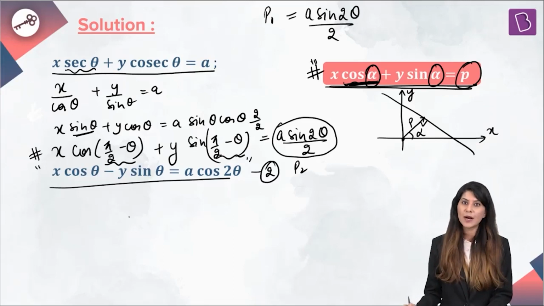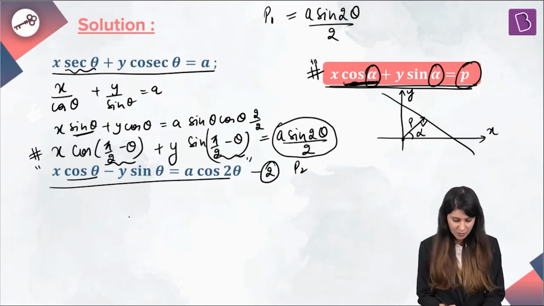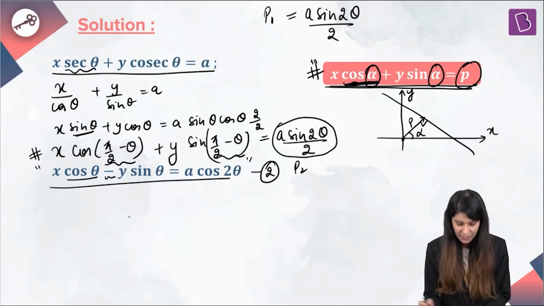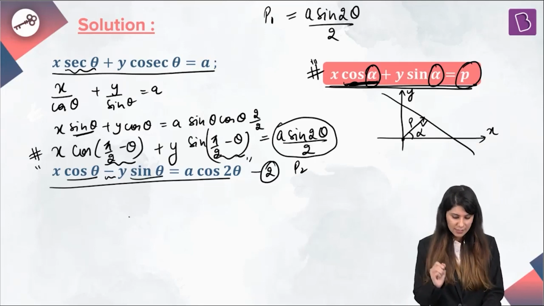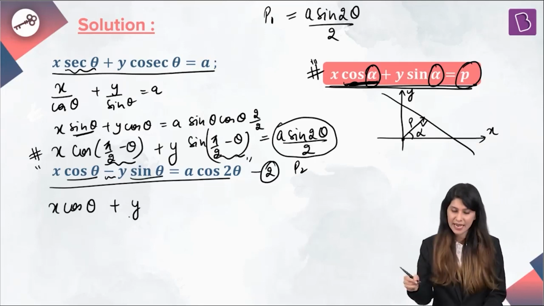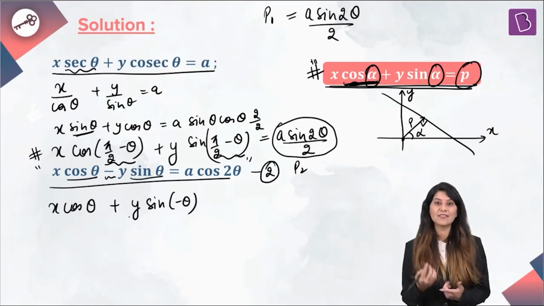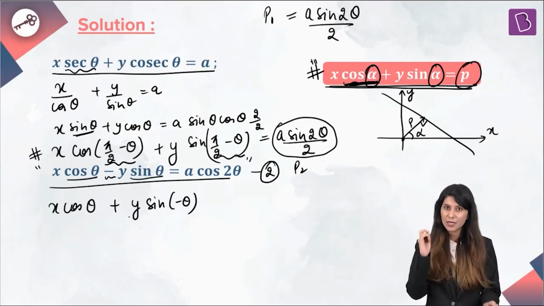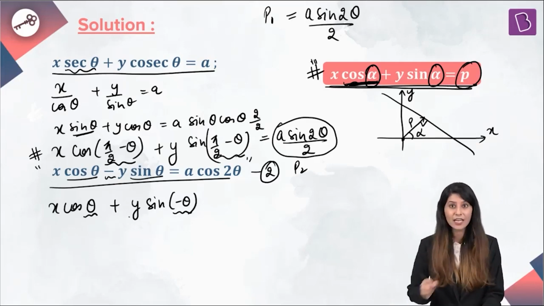In a similar manner, we need to talk about straight line number 2. Here cos theta is already sorted, but here there is a minus sine involved, and sine theta is also sorted. So I'm going to adjust this minus sign by taking it inside the sine. So y sine of minus theta, because minus sine theta we already know is sine of minus theta. But wait, here it is cos theta and here it is sine of minus theta.